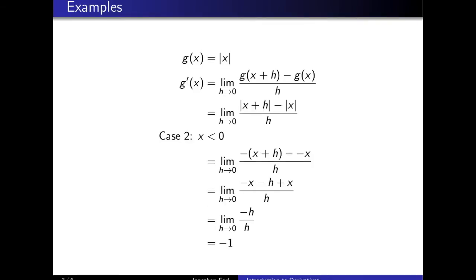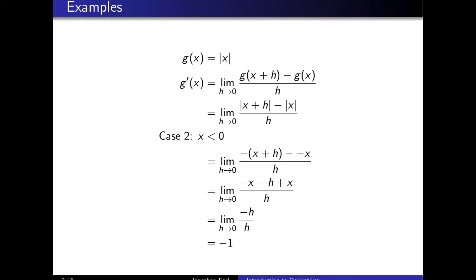Well, case 2, x is a negative number. In this case, x plus h will be something negative. So the absolute value of x plus h, we'll write as minus the quantity x plus h. And also, because x is negative, we'll write the absolute value of x as minus x.